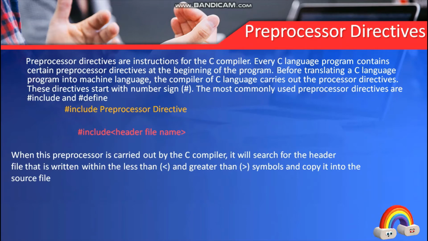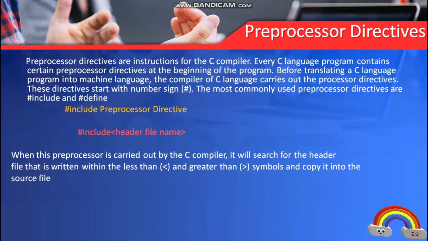The include preprocessor directive is used for library functions that are already stored in your compiler, the predefined functions. And the define preprocessor directive is used for user defined functions. Let's suppose you want to define your own function and use it in a program.